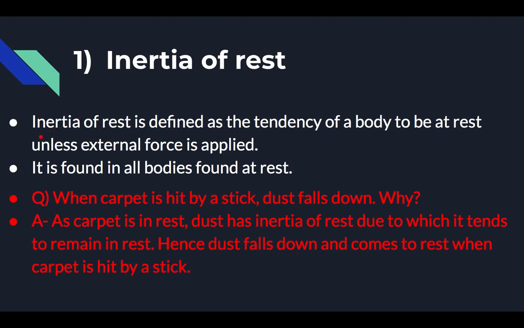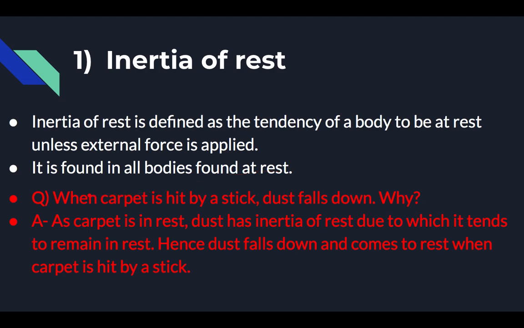So let's check the definition. Inertia of rest is defined as the tendency of a body to be at rest, till when? Unless an external force is applied. And it is found where? In all bodies which are found at rest. Whatever the body, if it is at rest, then that body has inertia of rest. Why? Because that body tends to be at rest.